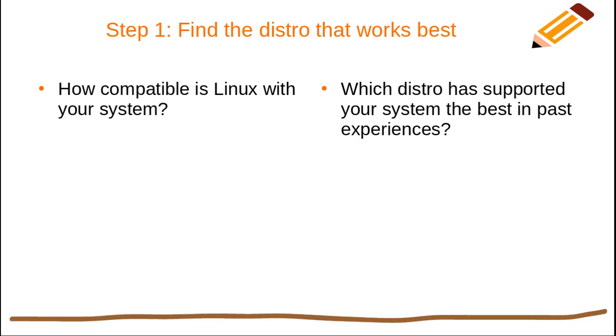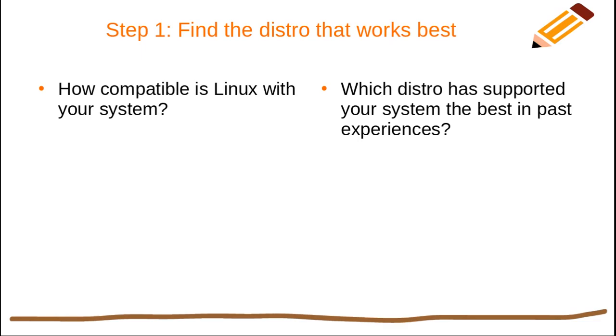So first of all, based off of your past experiences, take a look at which distribution has offered the most stable and smooth experience with Linux. I think that this is very important. Before you take a look at anything else, first see what offers the best experience basically for your system.